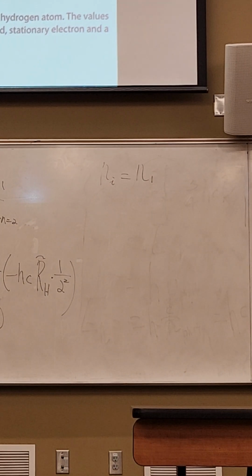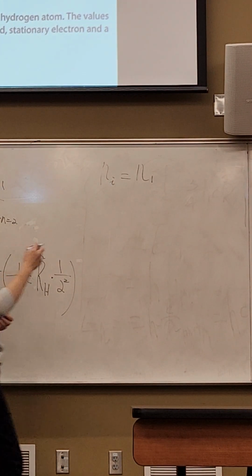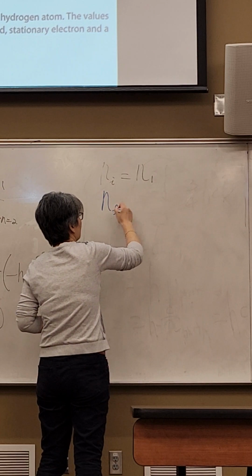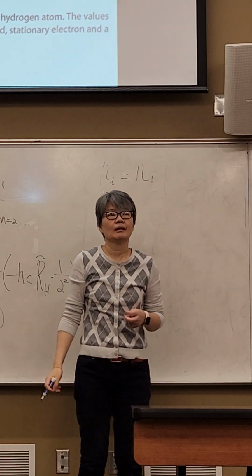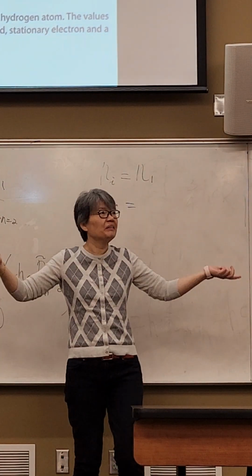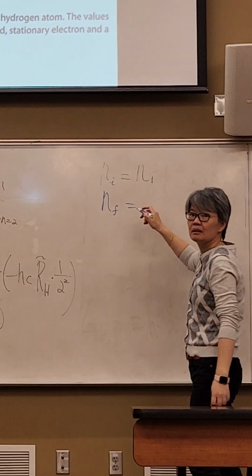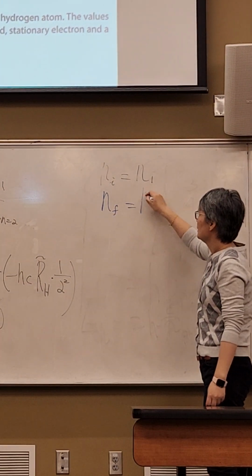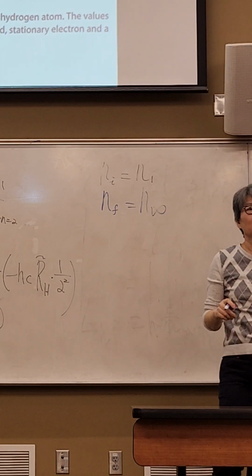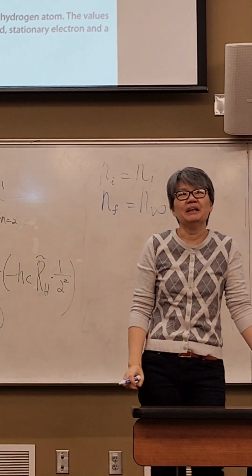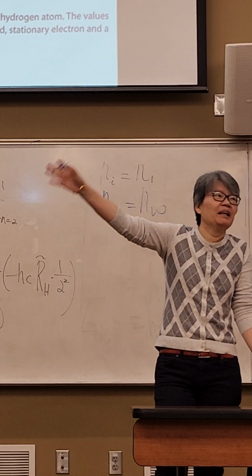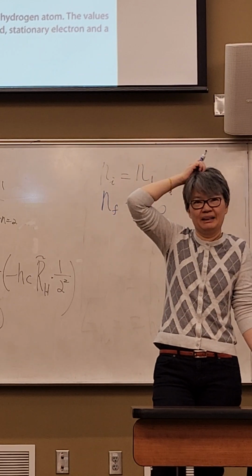Is the initial state the ground state? How about the final state? We should remove the electron from the atom. What does that mean? Approaching infinity, away from that atom.